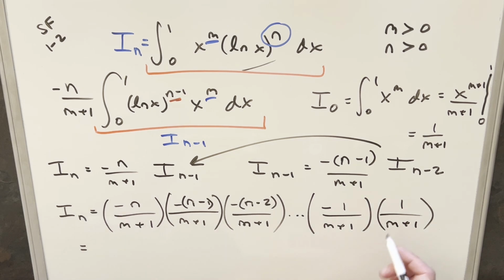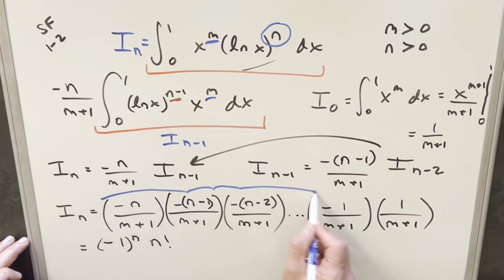So notice everything except for this last one has a minus sign on it. So it's going to be either minus 1 or plus 1 based on if n is odd or even. In order to express all those minus signs, we can just write that as minus 1 to the n. And then if you ignore the sign, n times n minus 1 times n minus 2 all the way to 1, that's the same thing as n factorial. And then just notice everything in the denominator is an m plus 1.